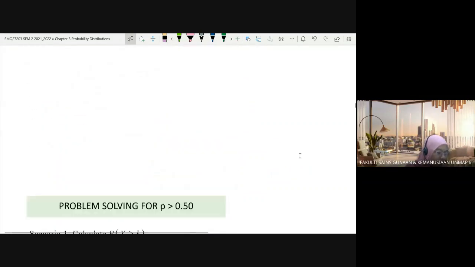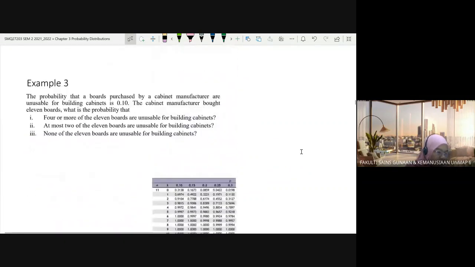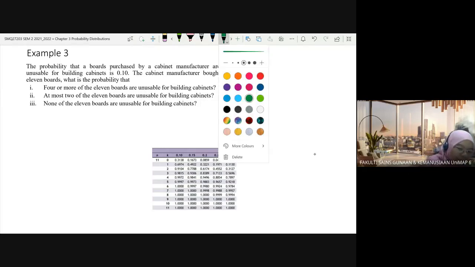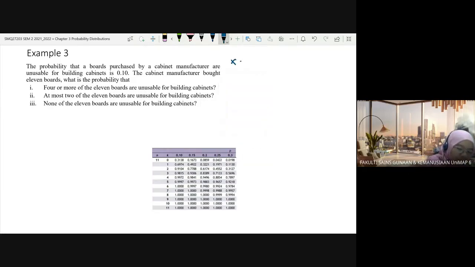Now, let us try this. Can you try this? I'll begin the first 2 steps. What is X? X in this case is the number of successes.